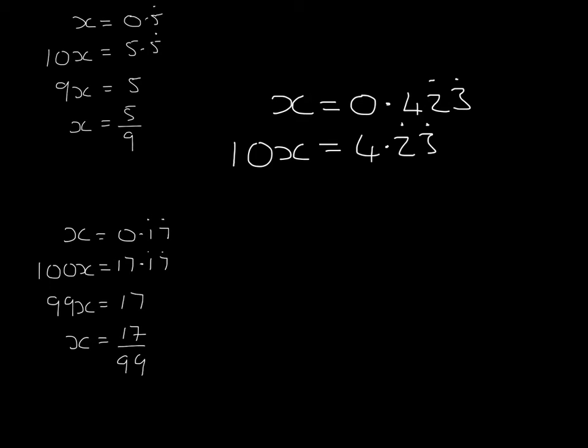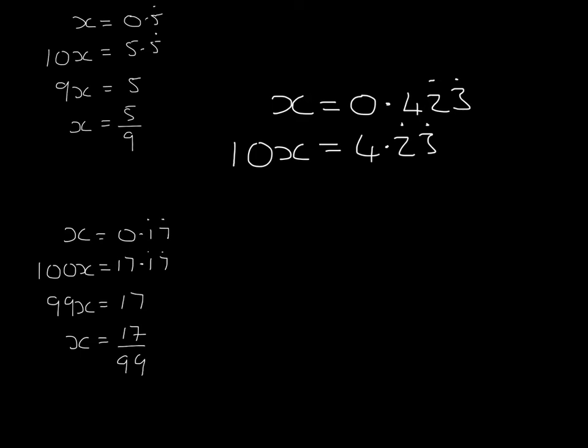We've moved the repeated part up to the decimal point, but we haven't got two numbers now which are identical after the decimal point. What we need is another number, and to get another number, what we can do is multiply this 10x number by 100. We need to multiply by 100 because we need to move 2 digits along.